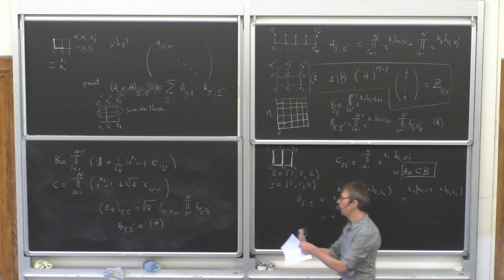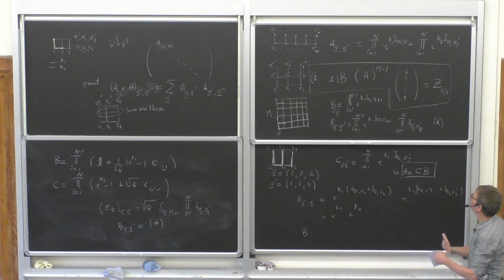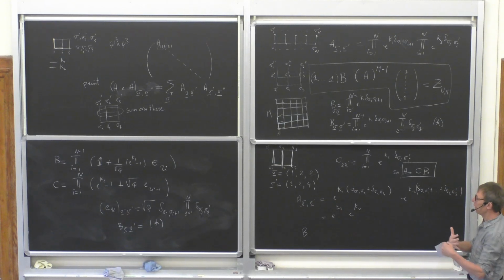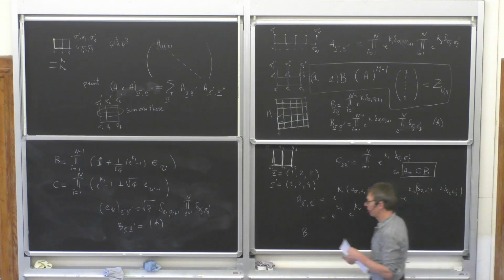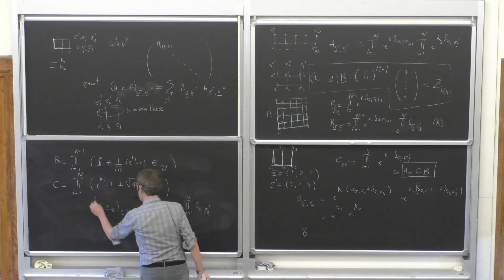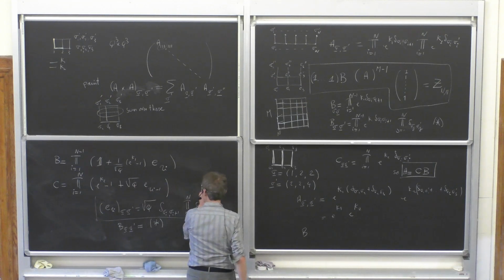So I'm, if you wish, separating the dependency on the couplings and the dependency on the spins themselves. So that's the first object I needed.